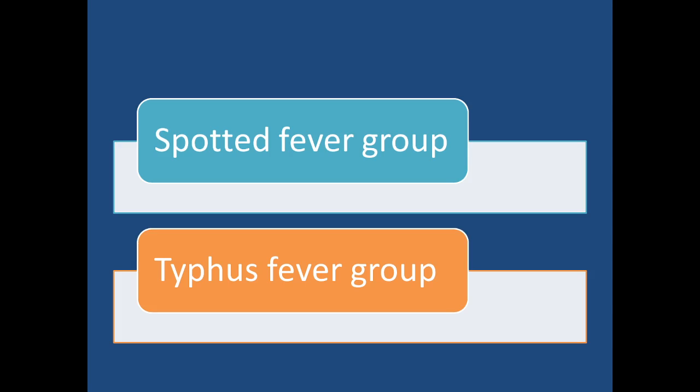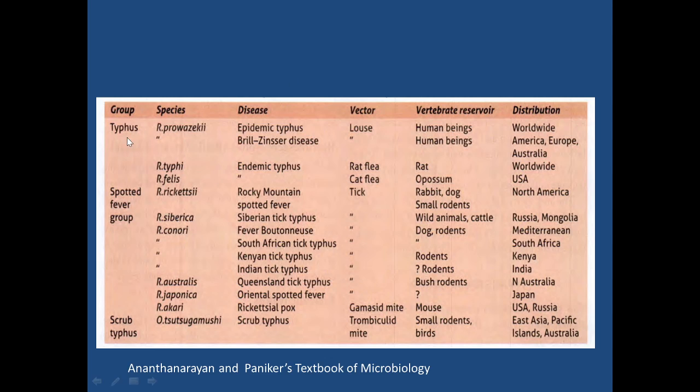One group causes spotted fevers like Rocky Mountain spotted fever, and another group is the typhus fever group. Organisms of this group cause typhus like murine typhus or epidemic typhus.